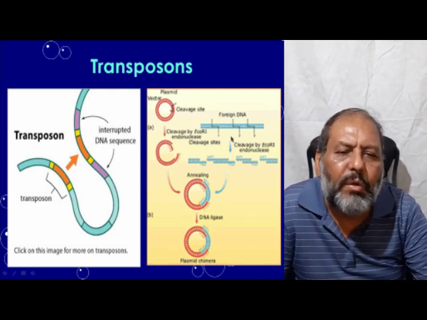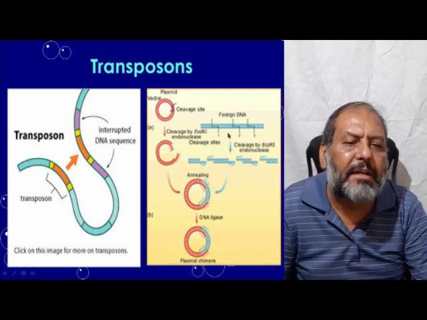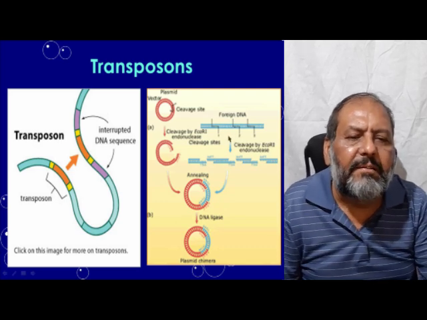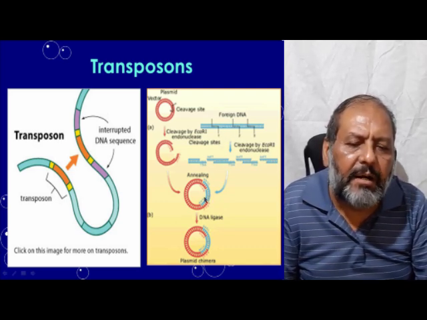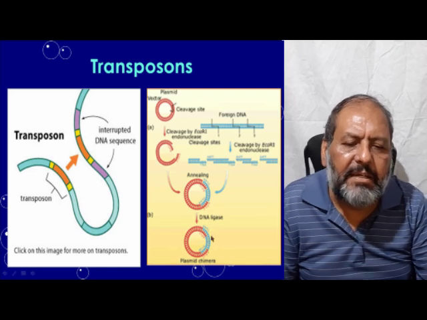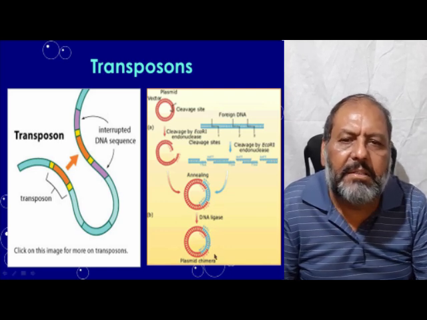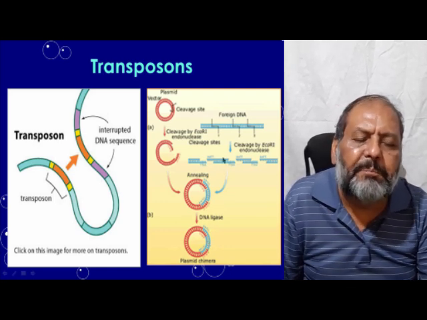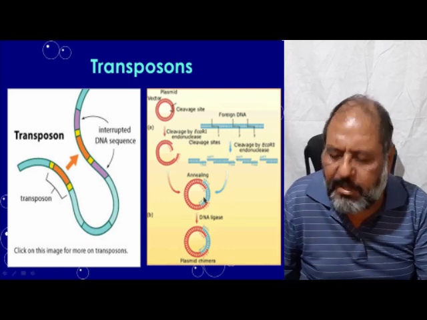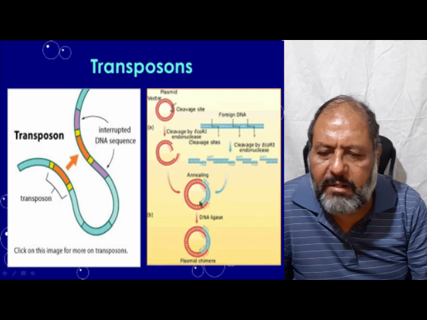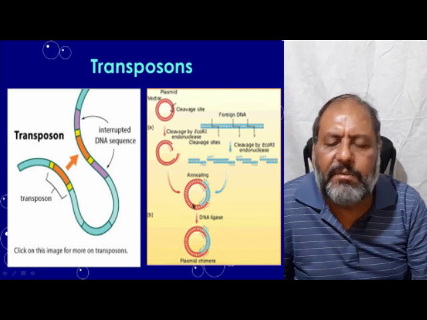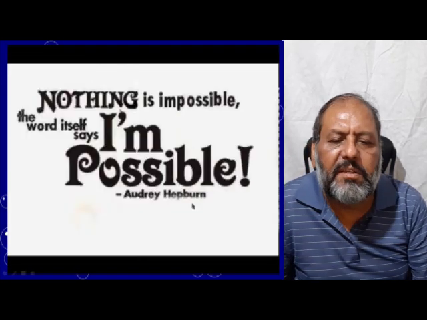Here again one can see different fragments of DNA that can detach and be inserted into the plasmid. These transposons are pieces of DNA inserted into the regular DNA and into the plasmid, which is also a piece of DNA.